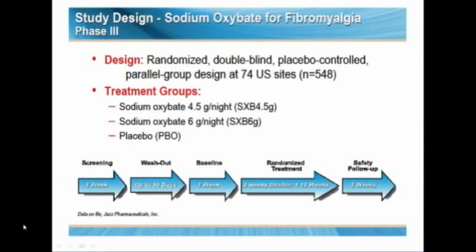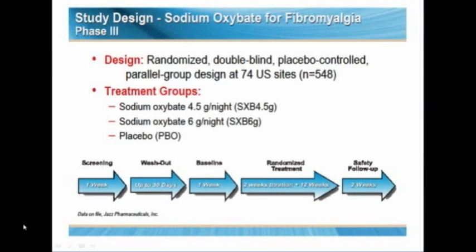Following this, the pharmaceutical company Jazz did a study looking at sodium oxybate in fibromyalgia. This was a large 548 patient trial study, phase 3, performed here in the United States. I was one of the investigators at 74 sites across the United States.